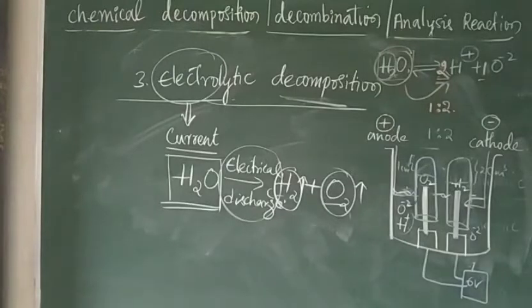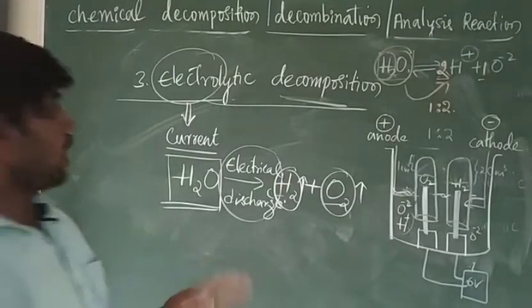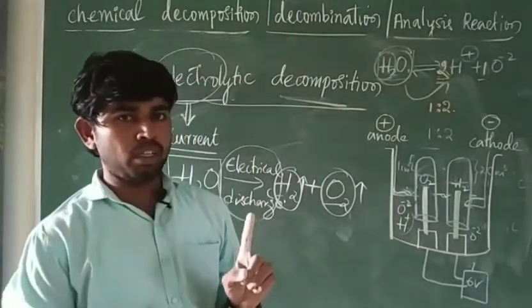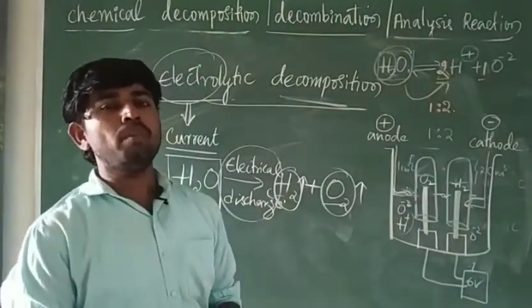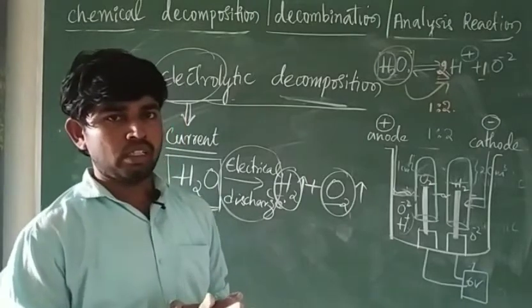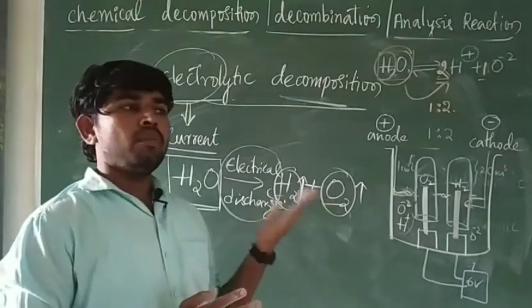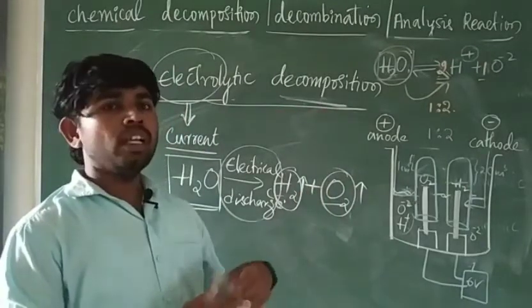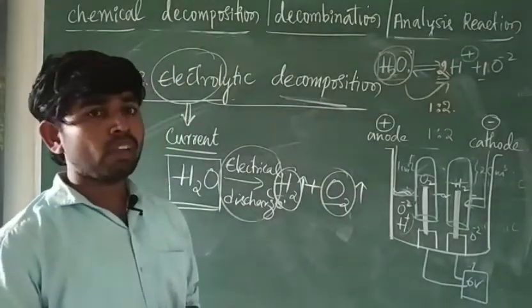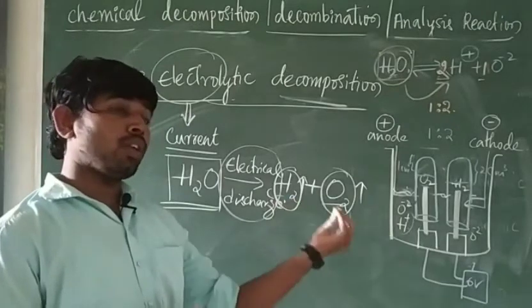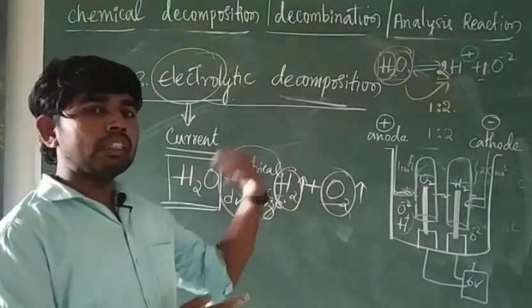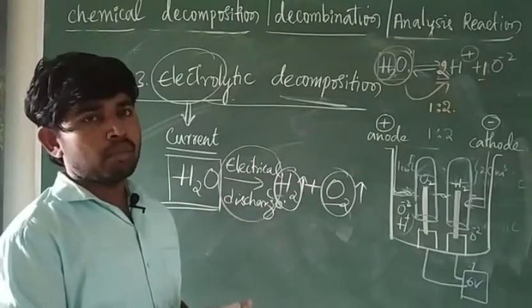This is about the chemical decomposition reaction. Here you should remember there is 1 reactant, which reacts by itself to form 2 or more products. Again remember, reactants absorb energy to decompose themselves. Depending on which type of energy they absorb: in some cases they absorb heat energy, and it is called thermal decomposition.